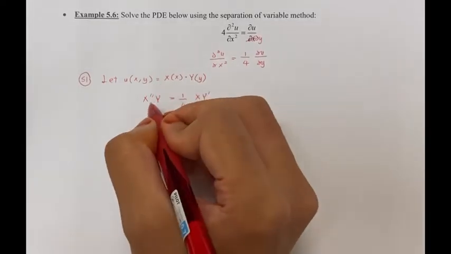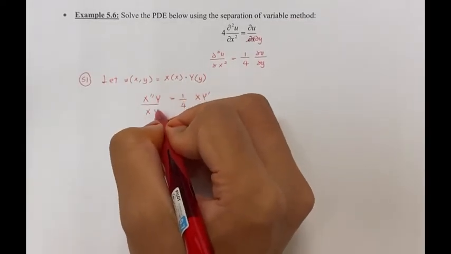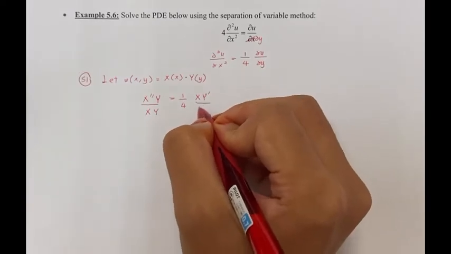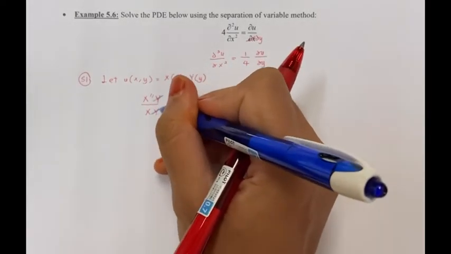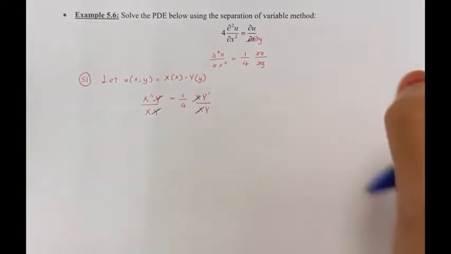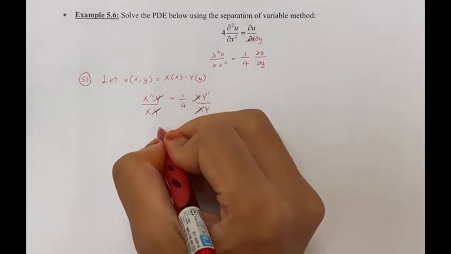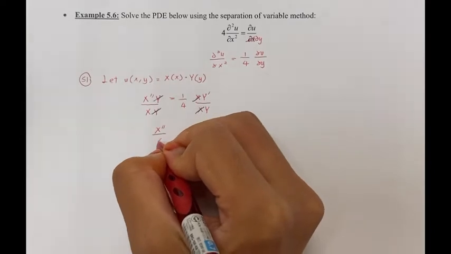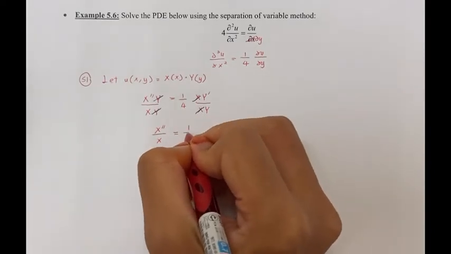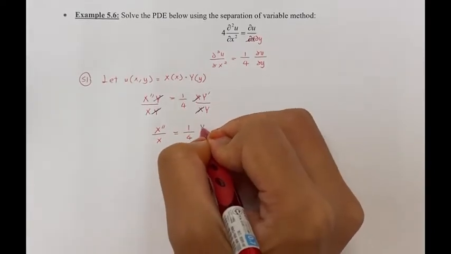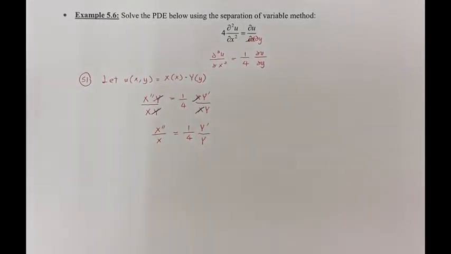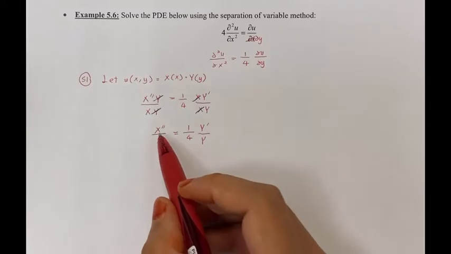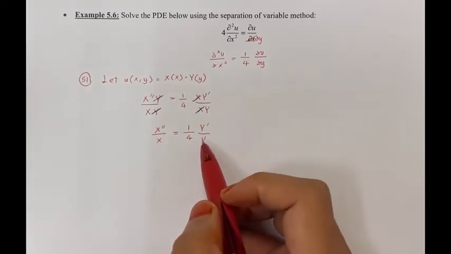Then divide both sides with XY. So you can cancel out this Y and this X. You are left with X double prime over X equal to 1 over 4 Y prime divided by Y. It is separable, because you can separate this X and Y.